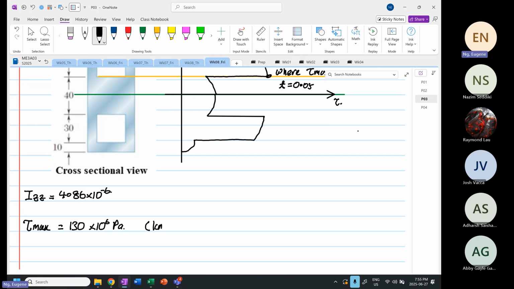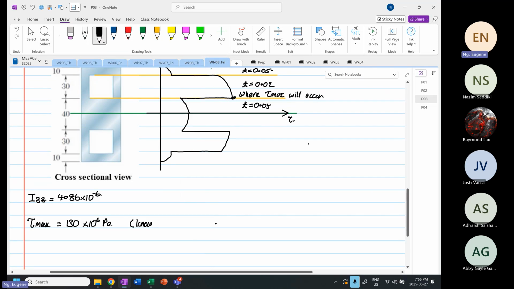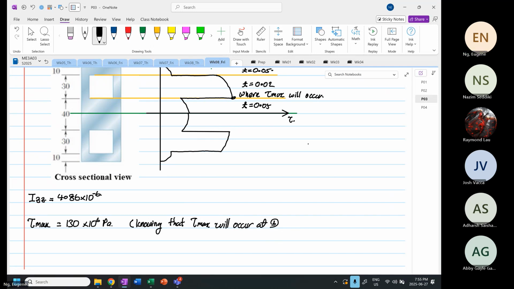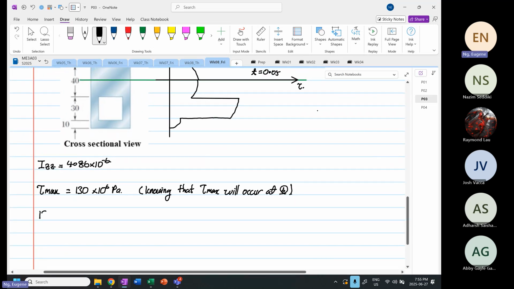And knowing that tau max will occur at point B, we use tau max, so it's 130 times 10 to the power 6.